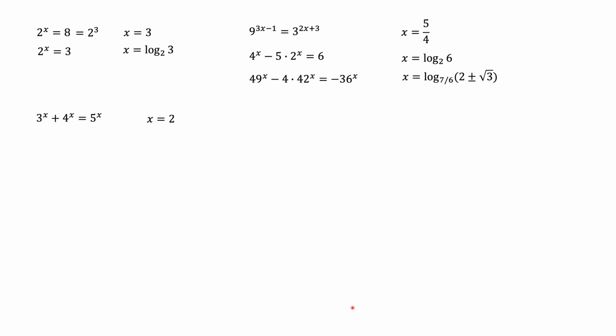Now, the next thing is to use some monotonicity properties to show that there are no other solutions to this equation. And in this case, we will be done. Now, if you look at the equation written this way, well, we can't really do it right away, because 3^x, 4^x, and 5^x are all monotonically increasing functions.